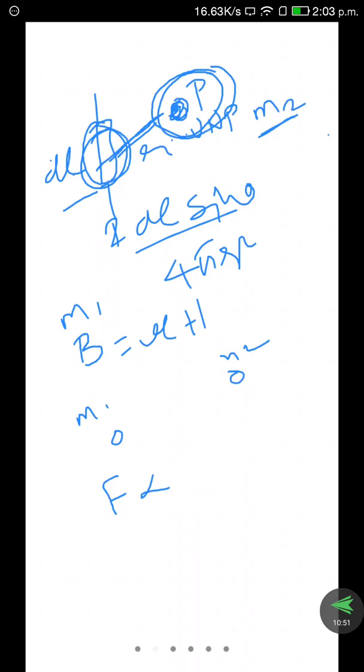F is directly proportional to M into, so instead of M1 we are writing this entire portion that we derived here. So B, we are substituting, B into M. So what is the B value? Mu into H. Mu into H is nothing but mu into I into dl sin theta by 4 pi r square. So that is substituted here.